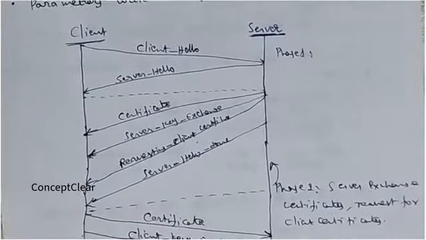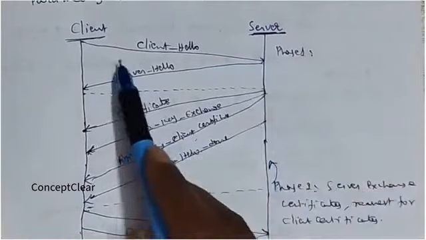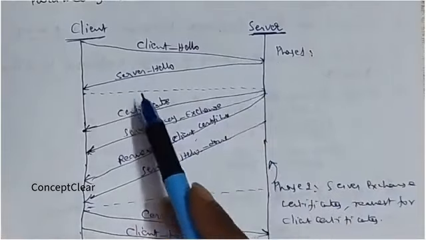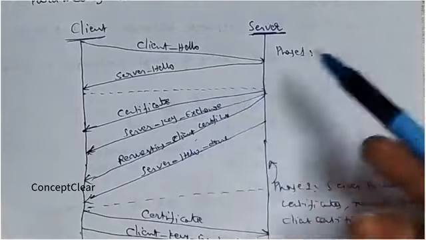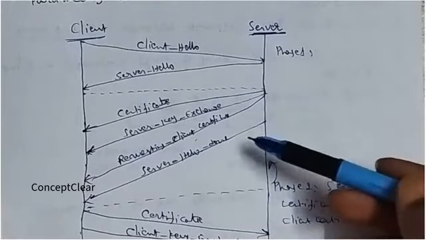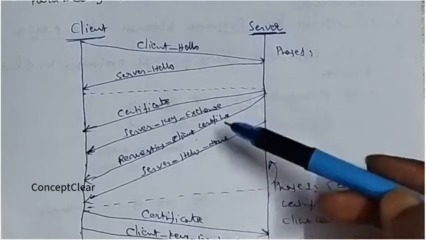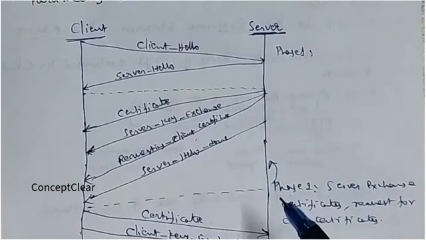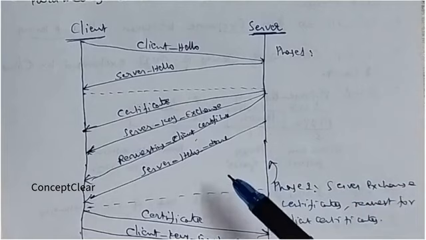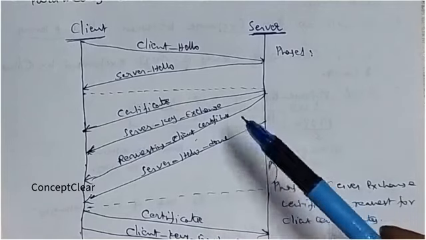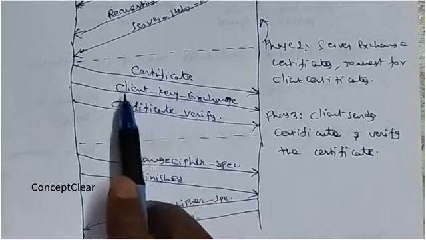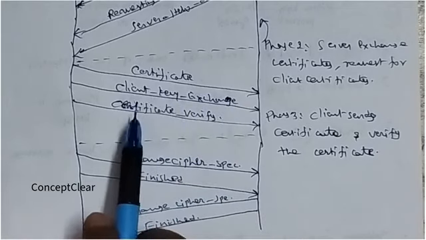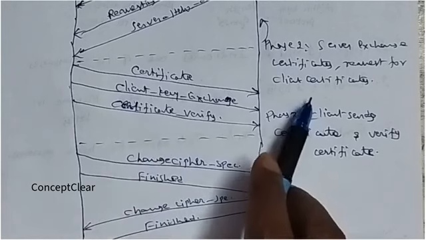In the first phase, the client sends the hello message and the server sends the hello message. Both client and server validate their details. Okay, in the second phase, the server will send all the authentication details. He will send his identity proof. He will send his key for exchange. And in the third phase, the client will send the certificate of the client and key exchange, and finally he will validate the server certificate.